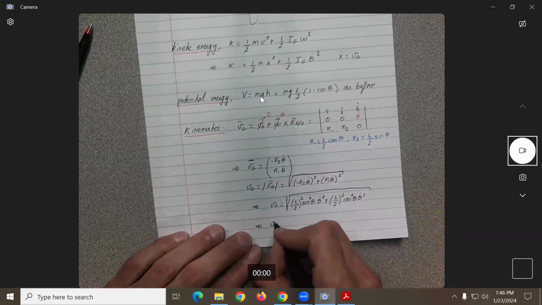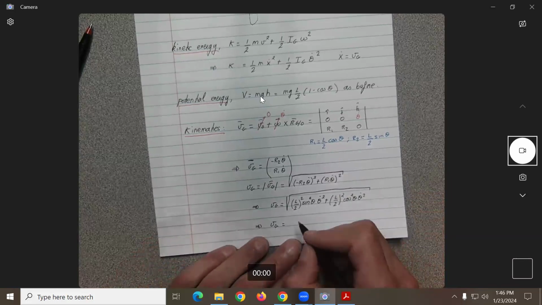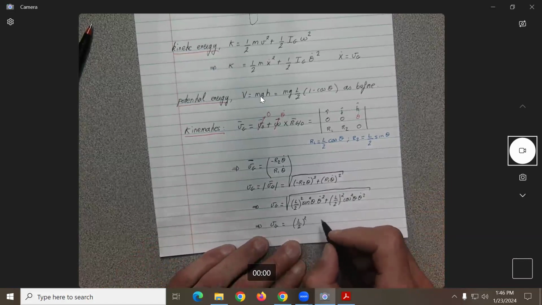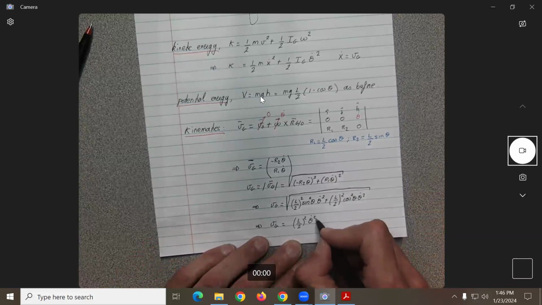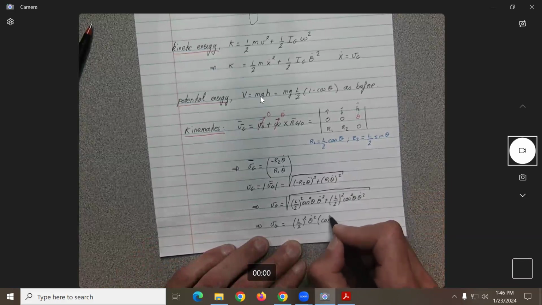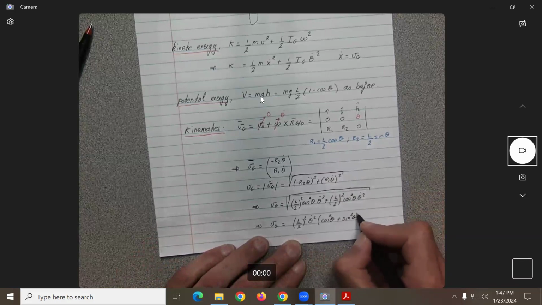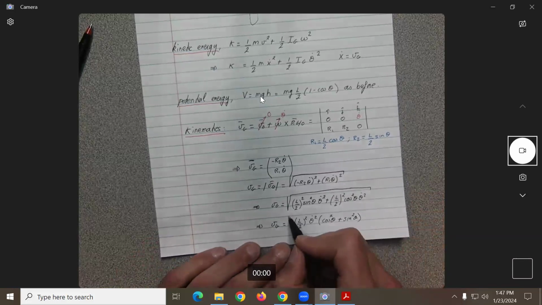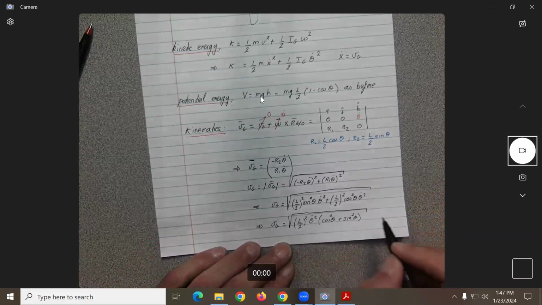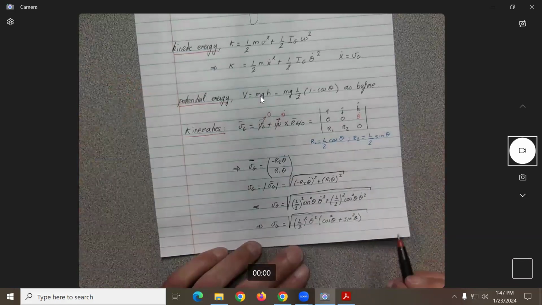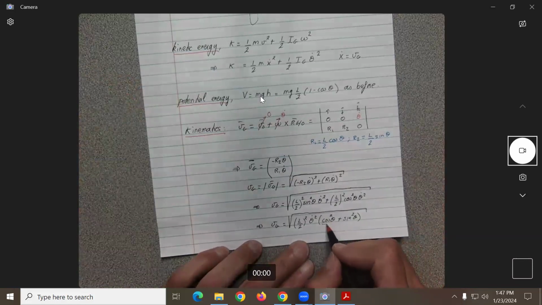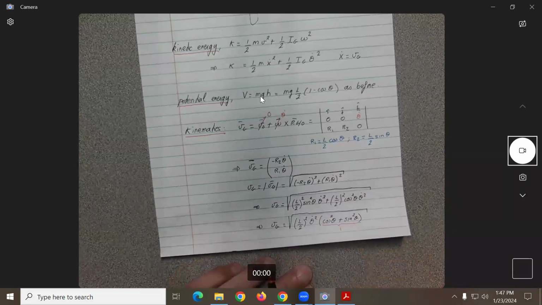This will give you Vg equal to the square root of L over 2 squared theta dot squared, factor of cosine squared theta plus sine squared theta. What is cosine squared plus sine squared? 1.